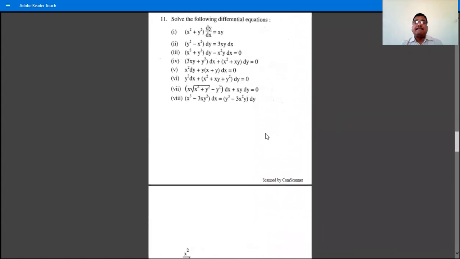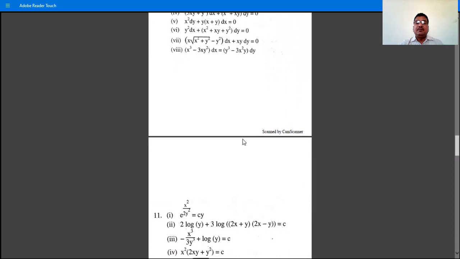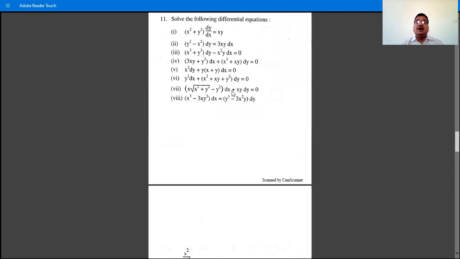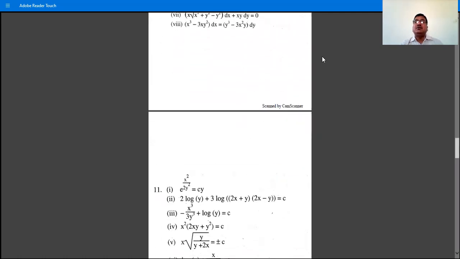So x times (root x square plus y square) minus y square is a homogeneous function of degree 2. Okay, so in order to check whether these M and N are homogeneous functions or not, this topic is important.